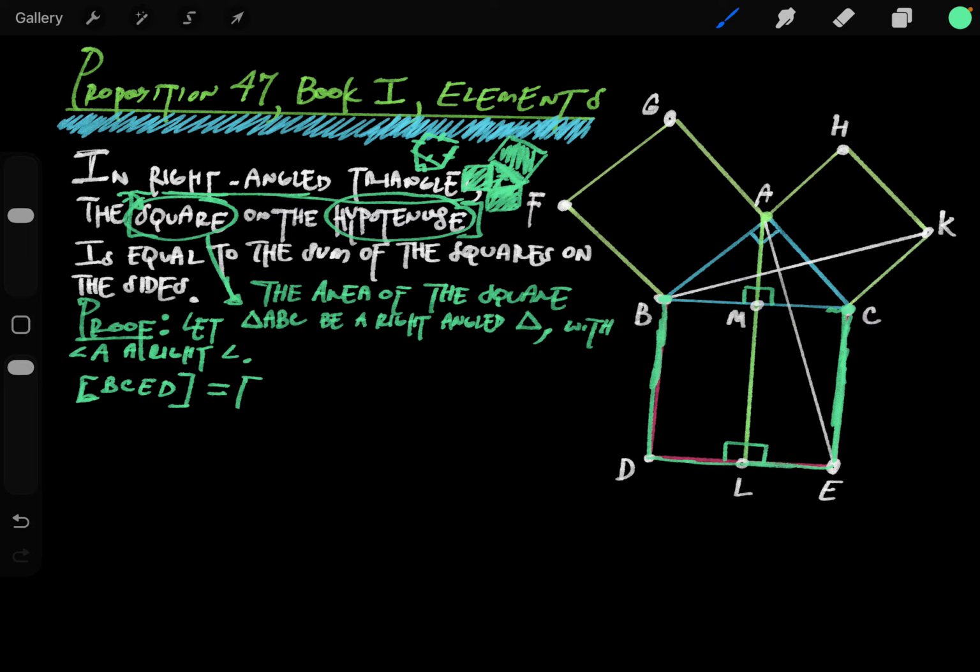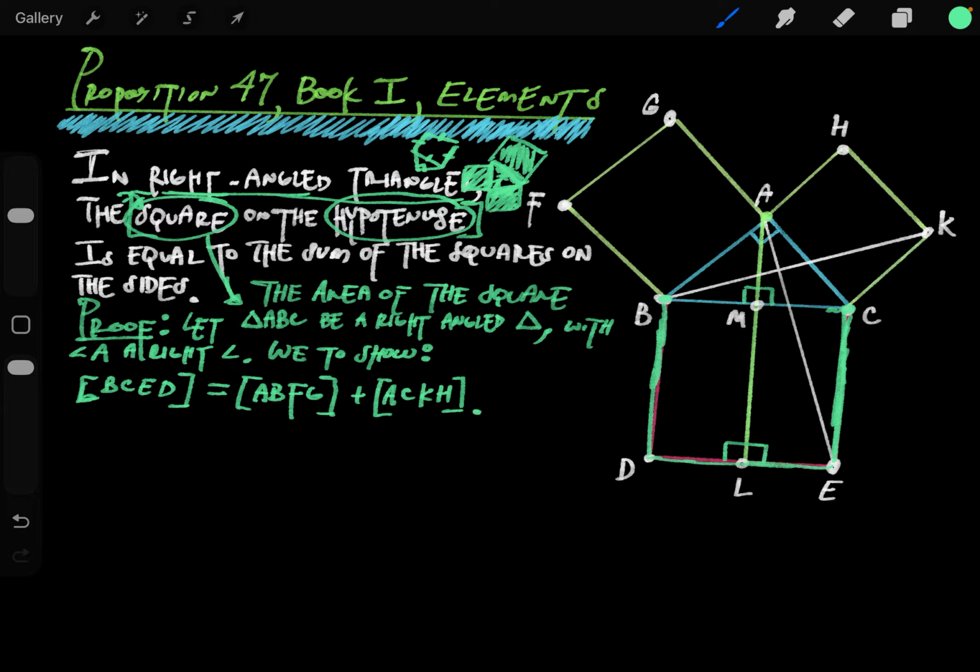So then the next thing, I'm going to call this ABFG, plus the other square on the other side, ACKH. And again, when I put it in brackets, it just means the area of. So we want to show this relationship.